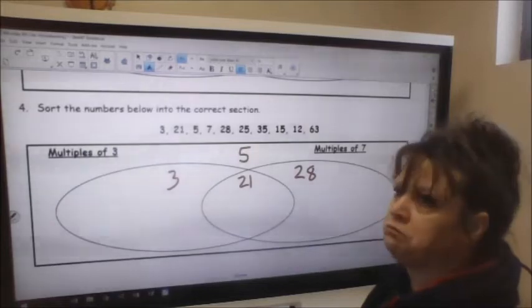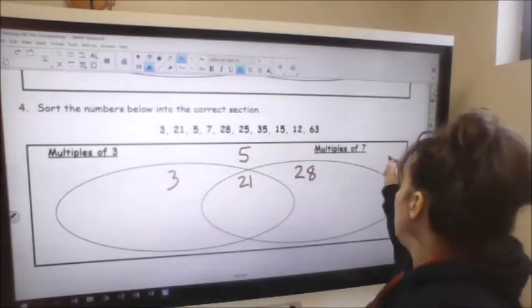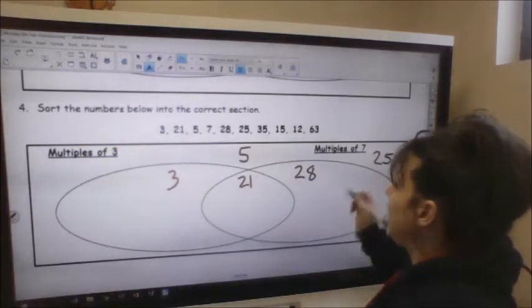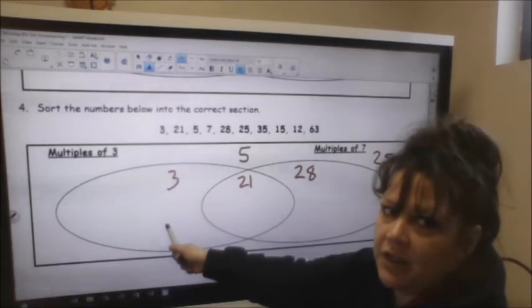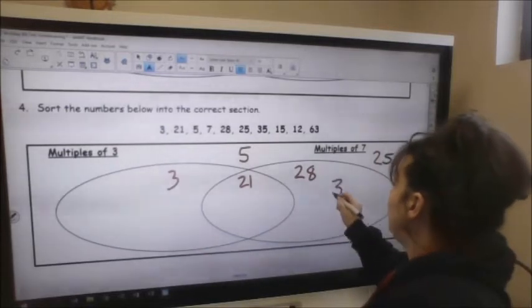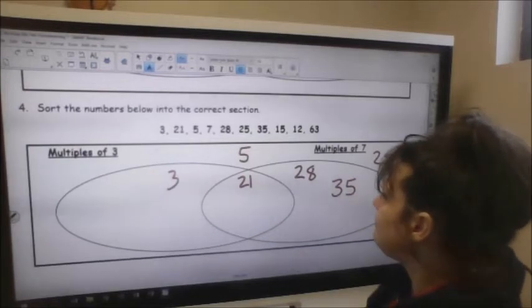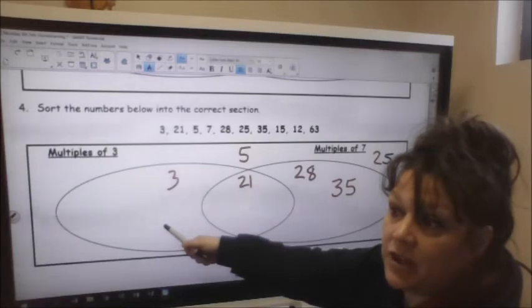25 doesn't appear in the 3 times table, doesn't appear in the 7, so it can go over there. 35 doesn't appear in the 3 times table, but 7 5s are 35, so it's a multiple of 7. 5 3s are 15. Does it appear in the 7 times table?